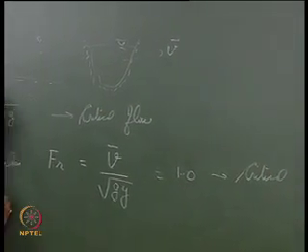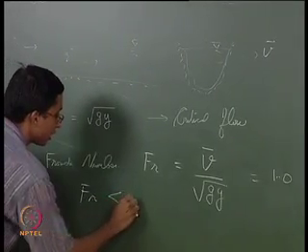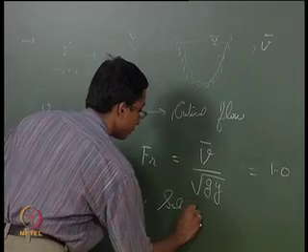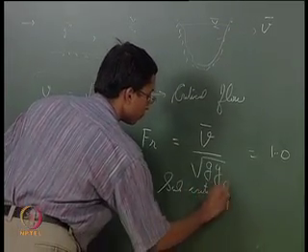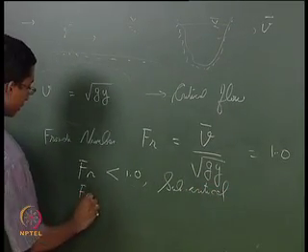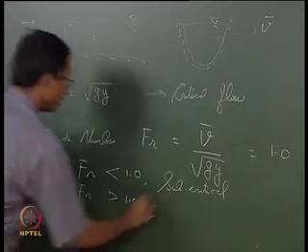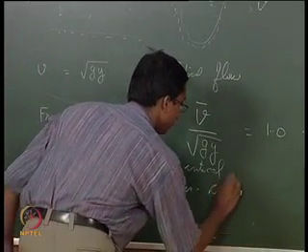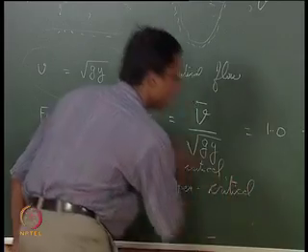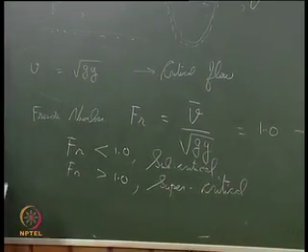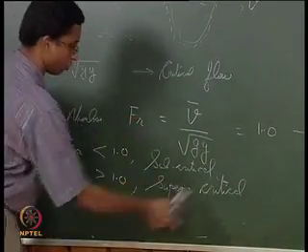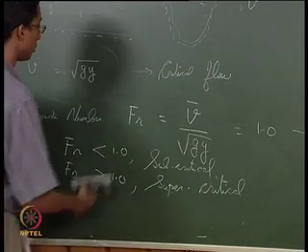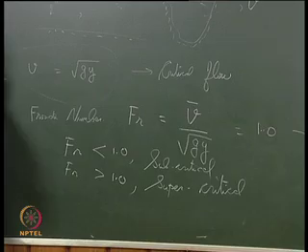If your Froude number is less than 1, your flow is subcritical, and if it is greater than 1, it is supercritical. We will be going into details on all of these type of flows in later modules, and even in the later portions of this module.